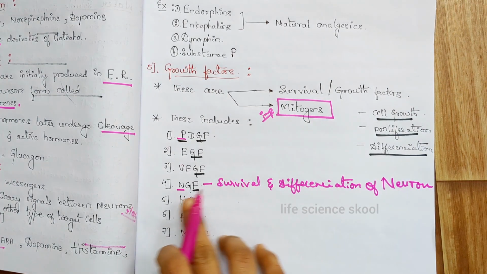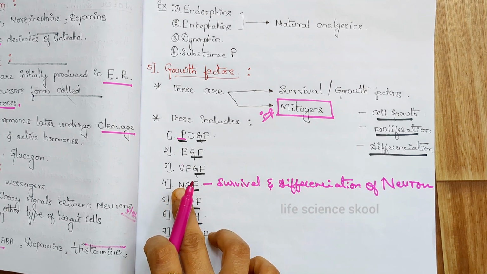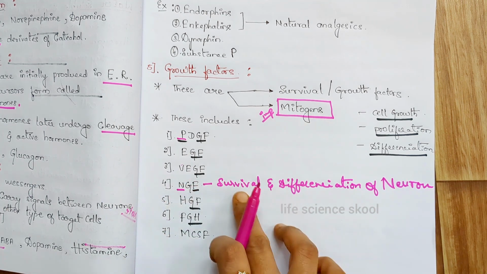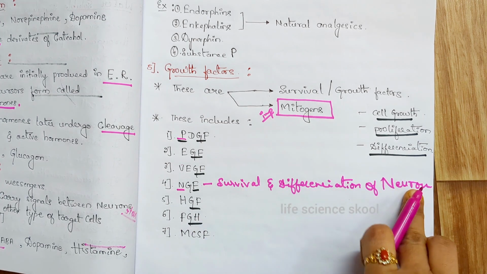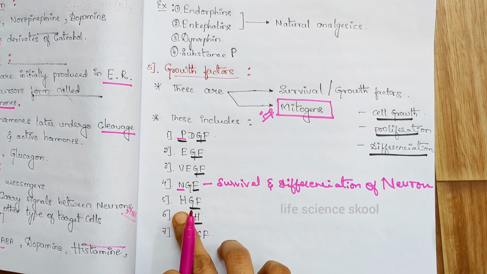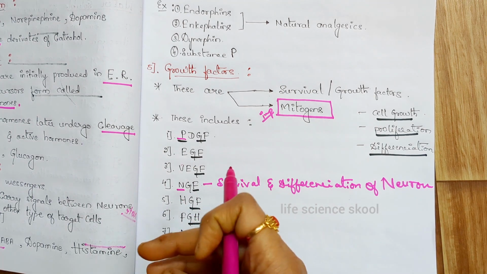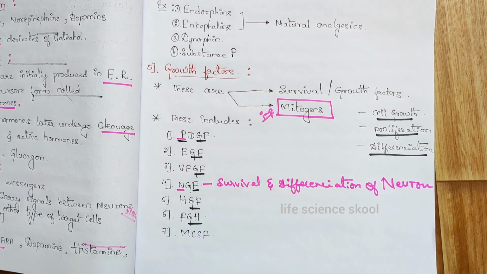N represents nerve growth factor, so it looks over the survival and differentiation of the neuron. And then HGF means hepatocyte growth factor. This mainly functions in regeneration and wound healing. Then FGF means fibroblast growth factor.